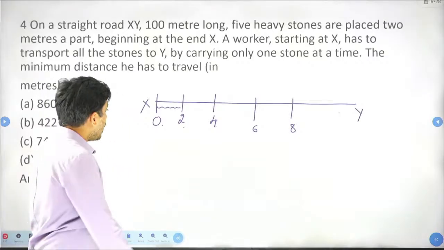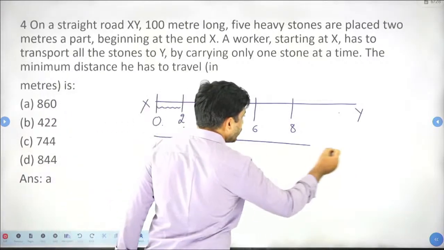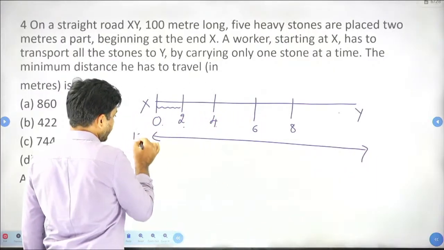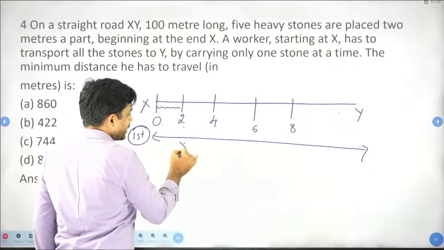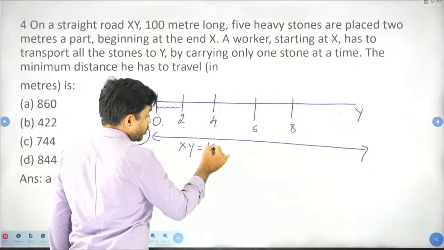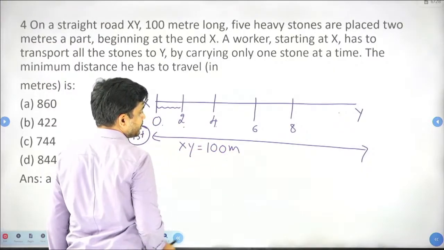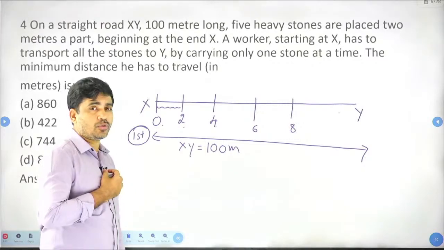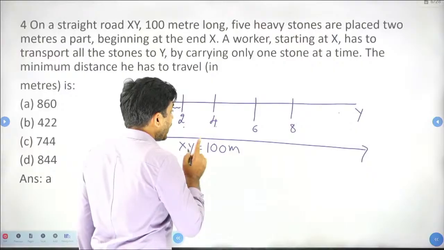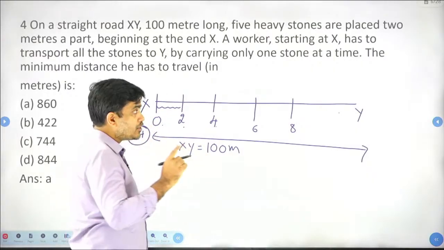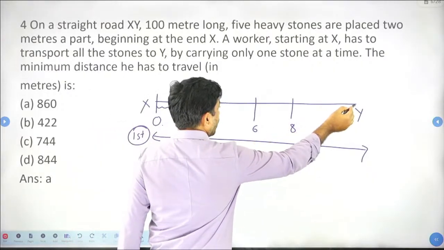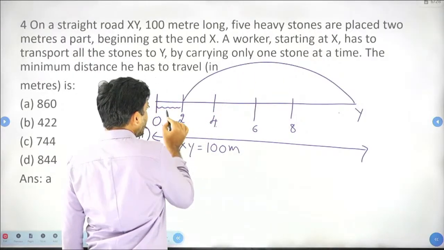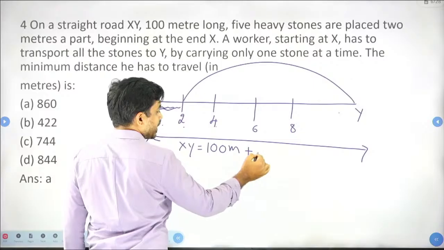Okay. If you take this, you have to move from X to Y for the first one. What is X to Y distance? You have to travel 100 meters. Then for the second stone, you have to come to this point. 100 minus 2, which is 98 meters.